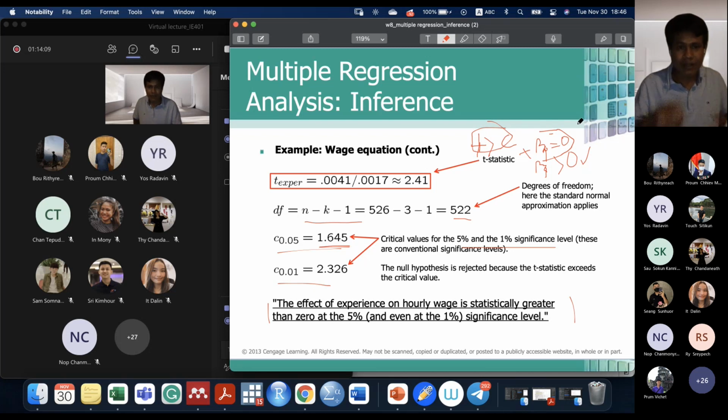That is the main point. So, for instance, you start with a null hypothesis stating that delta j equals 0, but you have an alternative hypothesis stating that delta j must be bigger than 0. Then the way you reject or accept the null hypothesis is based on this rule: if t is bigger than c, we reject. If t is lower than c, we accept the null hypothesis. Is that clear, Mani?